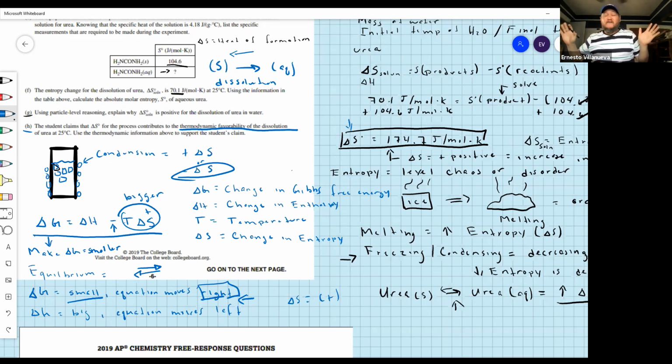If you want to get fancy with it, you can say that the positive entropy of the system favors a smaller delta G, making dissolution of urea thermodynamically favorable. But that's all it is, guys. Like I said, you don't have to do any calculation. It's just understanding how the system works.